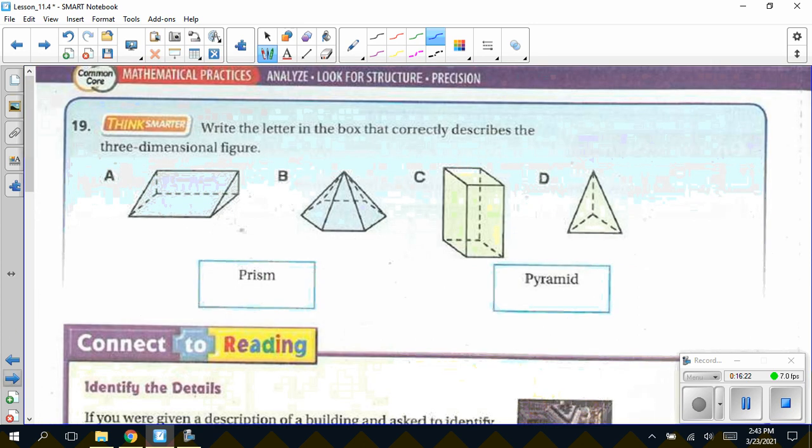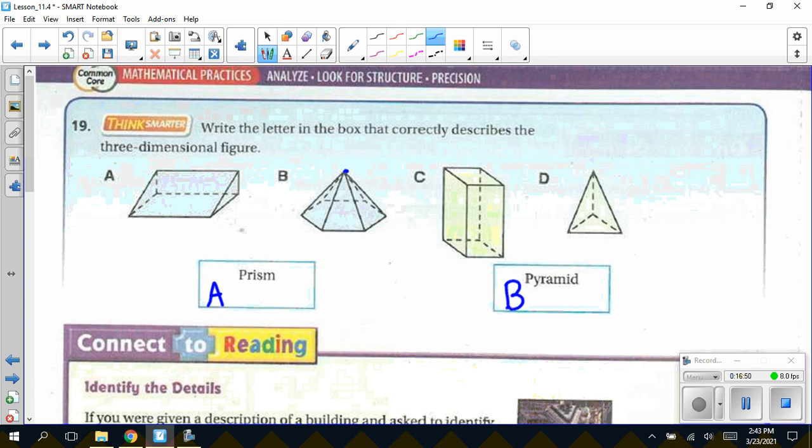Question number 19, you do have a test question that is very similar to this. So for number 19, write the letter in the box that correctly describes the 3-dimensional figure. Well, A, I see, has 2 bases with rectangular lateral faces, so that is a prism. B, I see there is only 1 base, and it meets up at a point called a vertex with triangular lateral faces, so that is a pyramid.